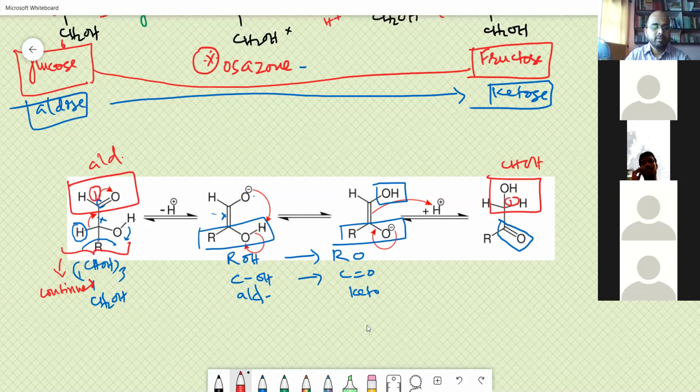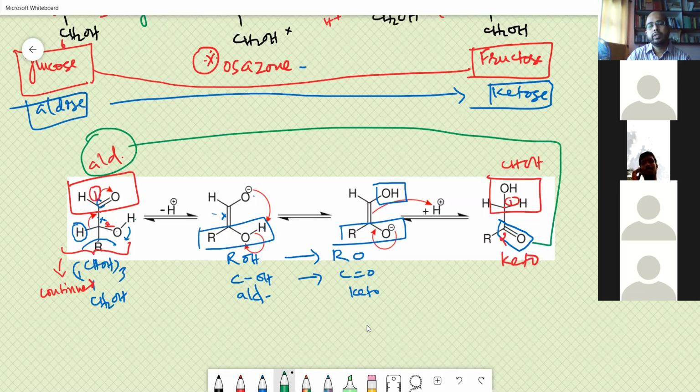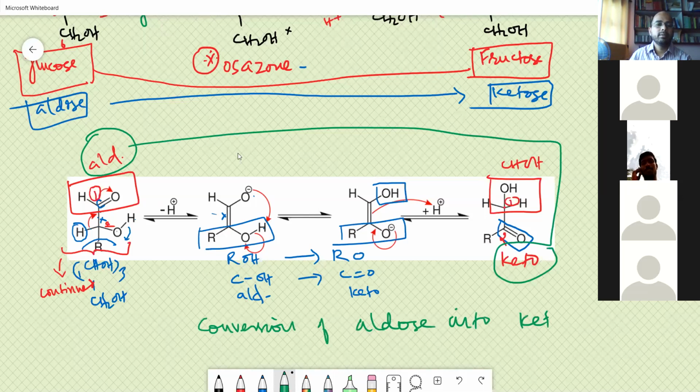Here second carbon atom is CHOH. Here first carbon atom is CHOH and you get the ketone. So aldehyde converted into ketone is conversion of aldose into ketose.